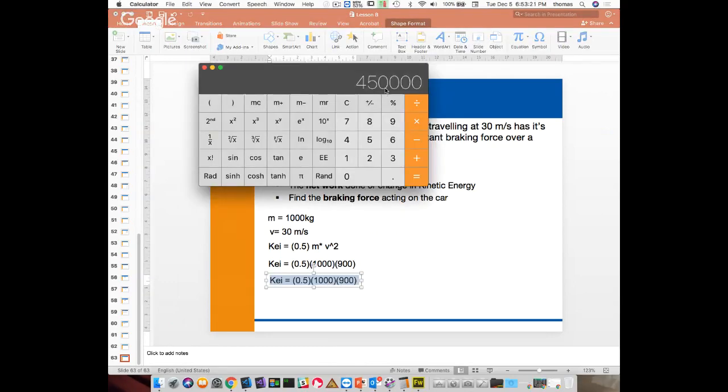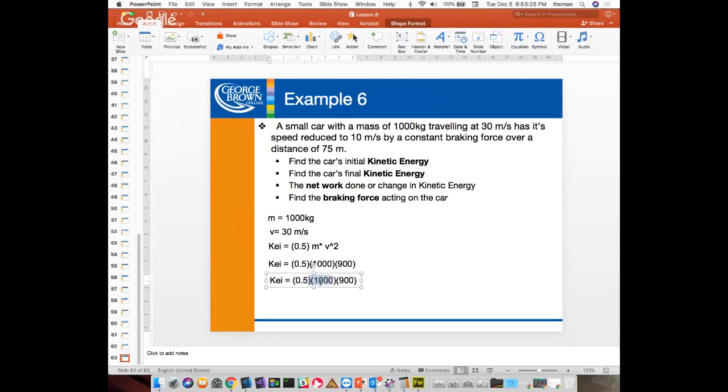So 450,000 joules. Now, why is it such a large amount of joules? Because we have a large object that we're moving very fast. That's the initial kinetic energy.